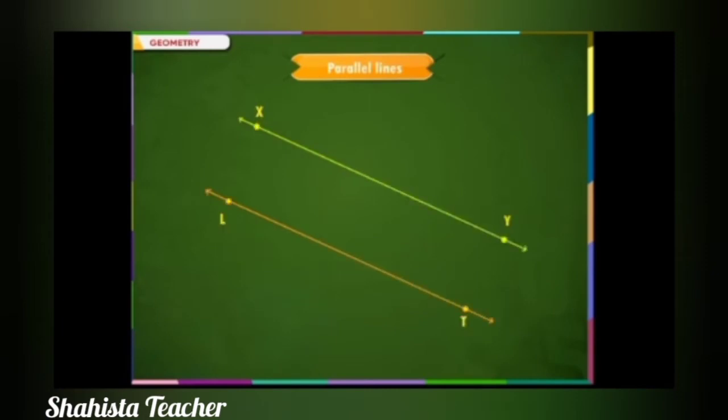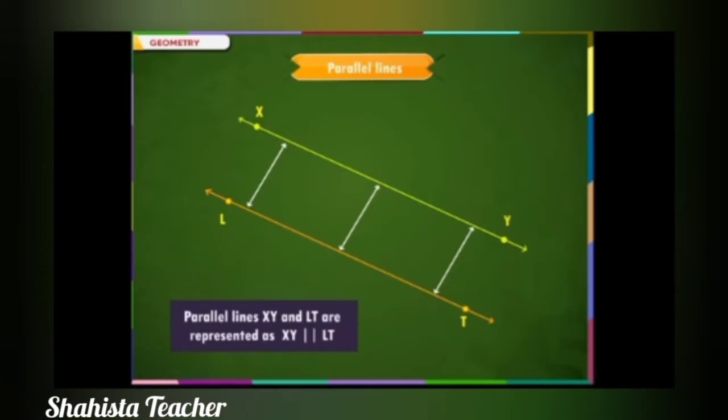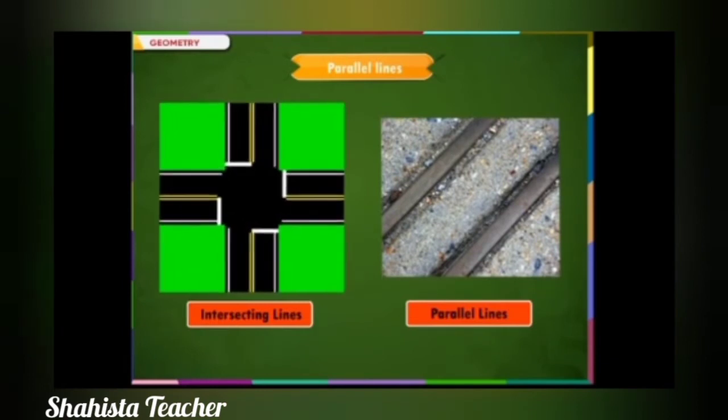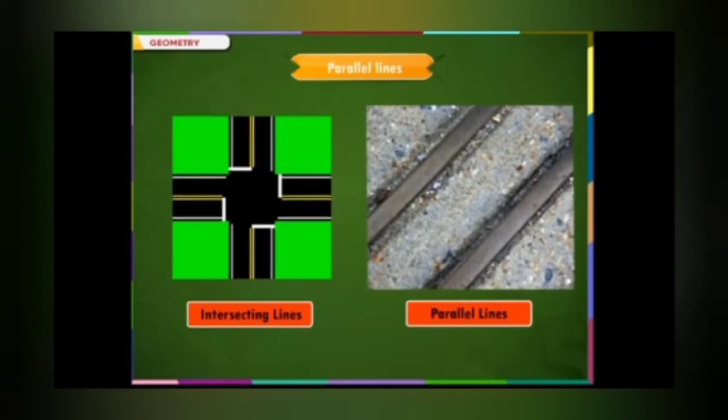They do not meet at any point. Such lines are called parallel lines. Such lines always have a fixed distance between each other. Parallel lines XY and LT are represented as XY parallel to LT. Students, do you know we can see intersecting lines and parallel lines in our everyday life? Example, a four-way road and a railway track.